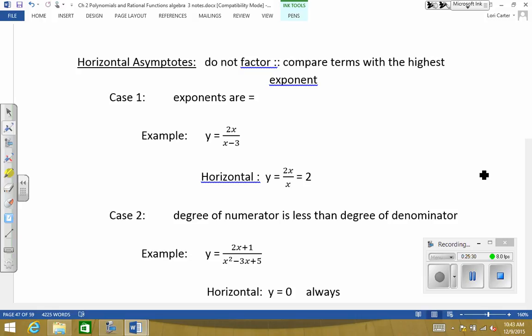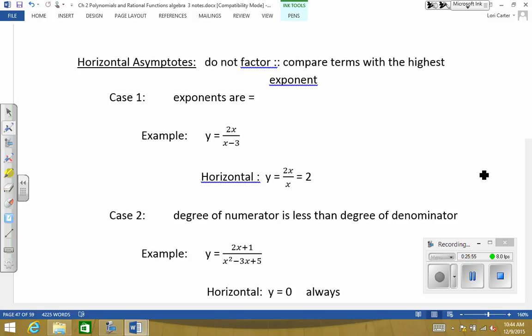All right, this is the cheat. For your horizontal asymptote, it's the most important over the most important. When you look at the numerator, it's the term with the highest degree, and the same with the denominator. You look at the highest degree term and ignore everything else. On the top it's 2x because that's all I have.